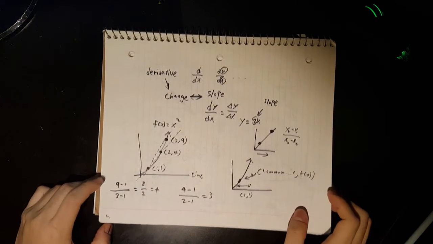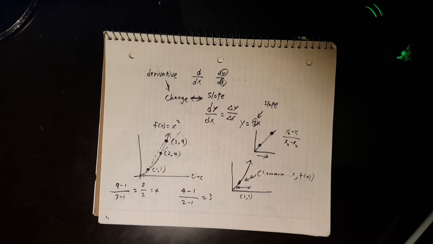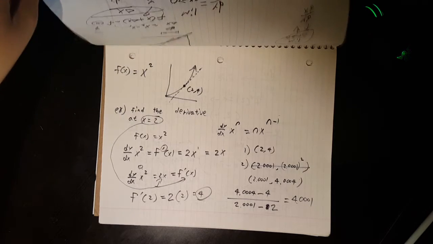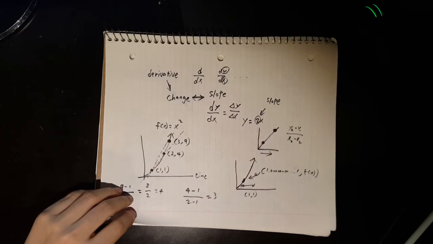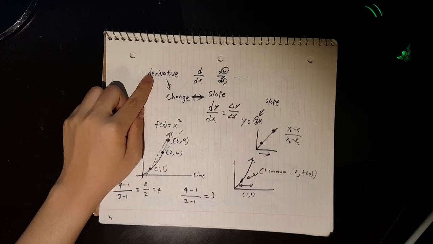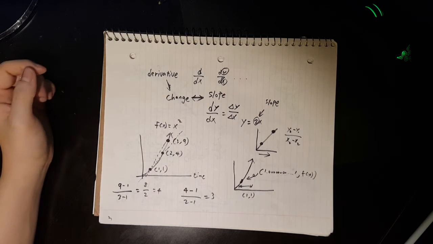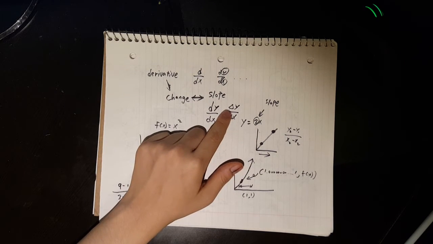And so let's recap what we learned. So derivative is just a slope, and it's change in y over change in x.